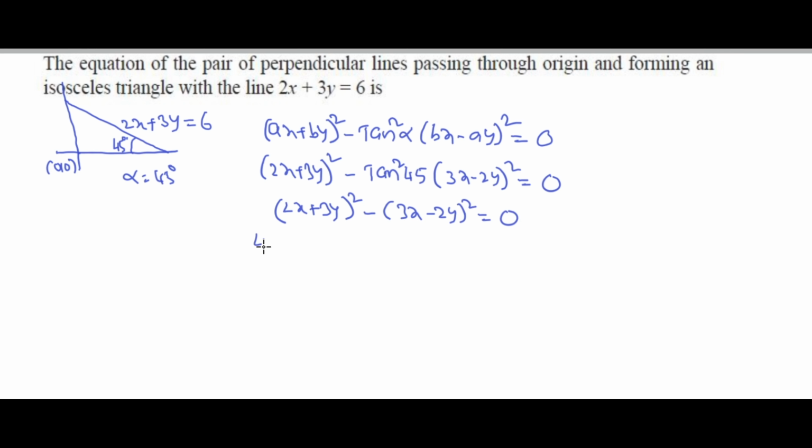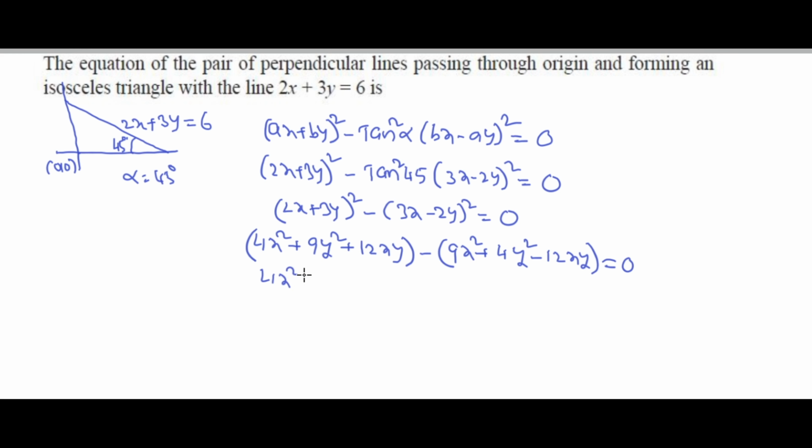2x plus 3y whole square, that is 4x square plus 9y square plus 12xy, minus 3x minus 2y whole square, that is 9x square plus 4y square minus 12xy, is equal to 0. So that is 4x square plus 9y square plus 12xy minus 9x square minus 4y square plus 12xy is equal to 0.